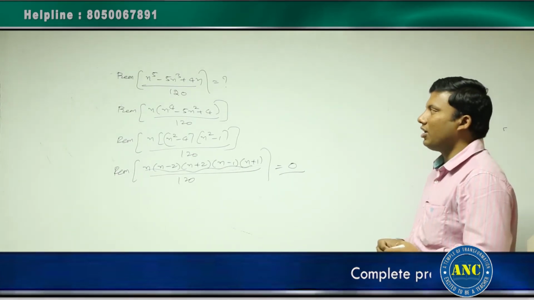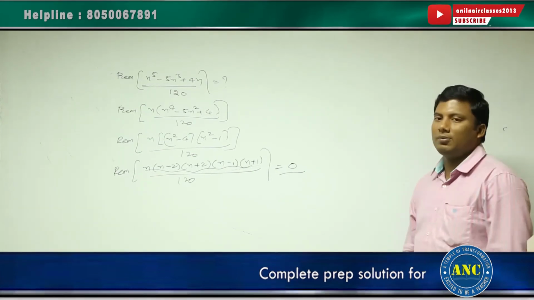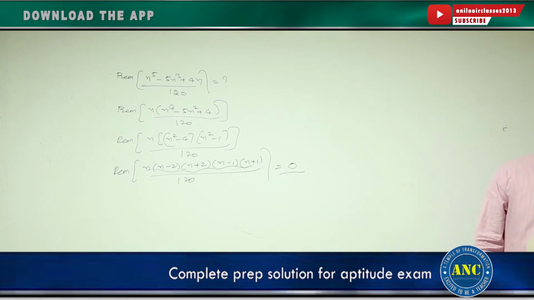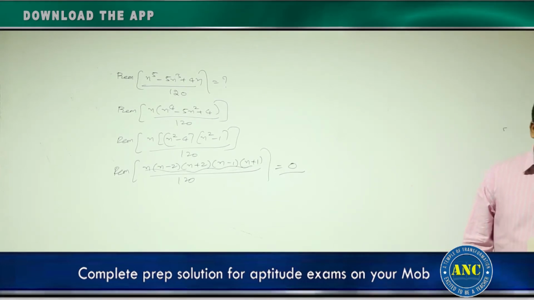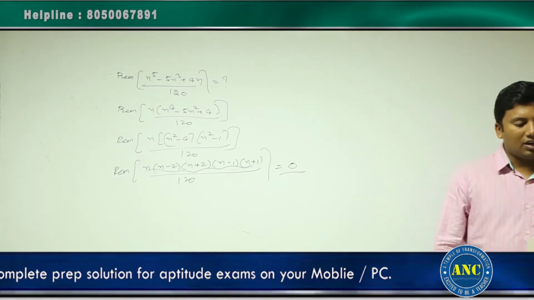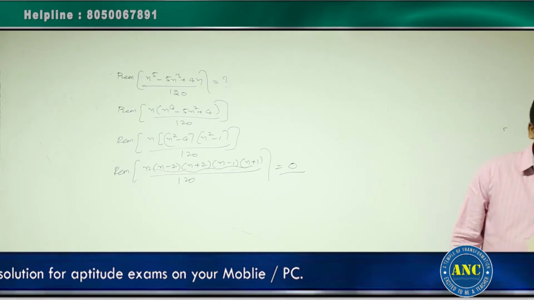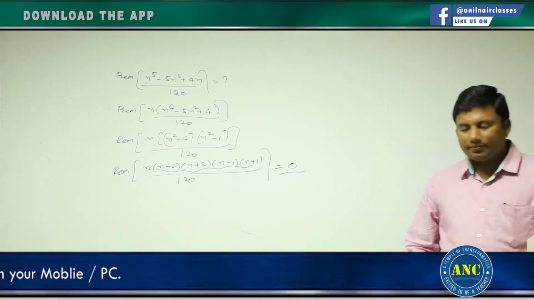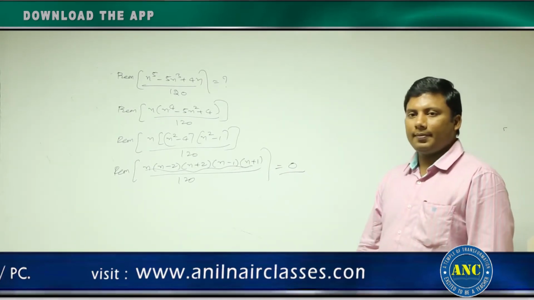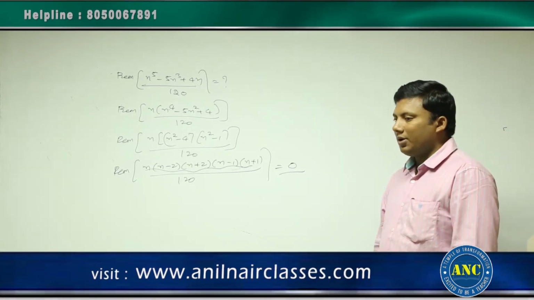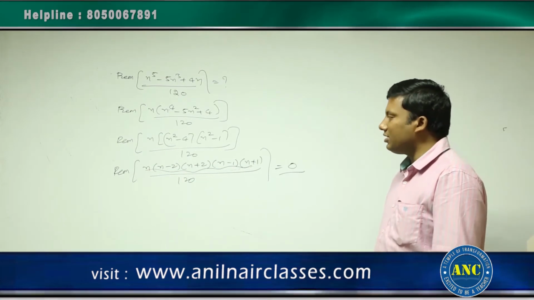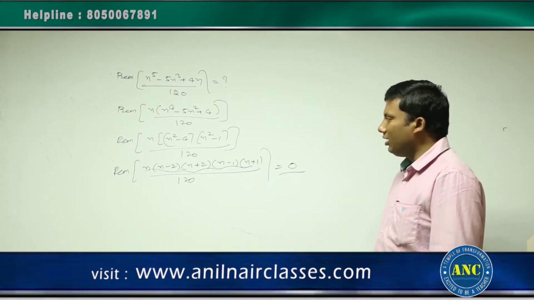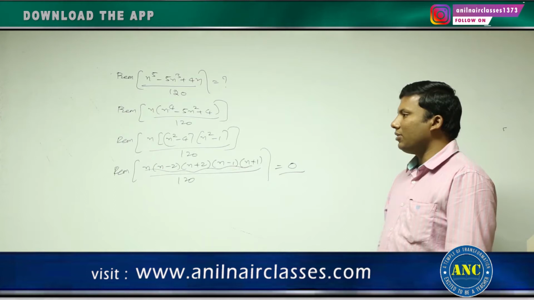Same as the product of any 3 consecutive numbers is divisible by 3 factorial. Product of any n consecutive numbers is always divisible by n factorial.